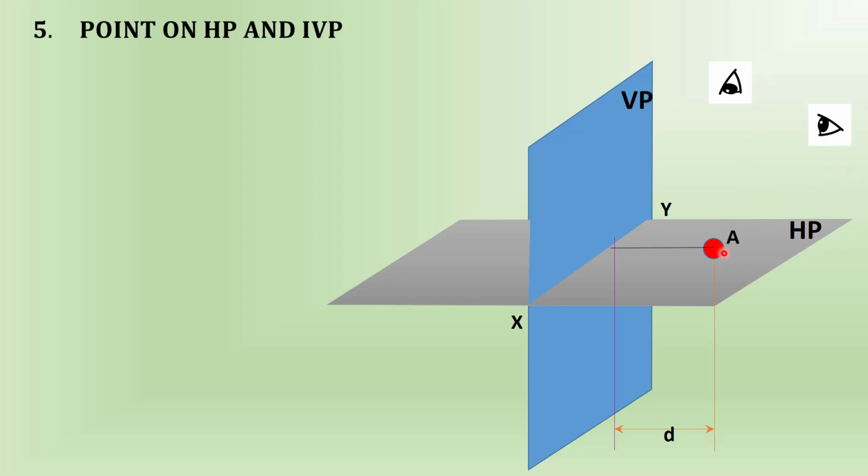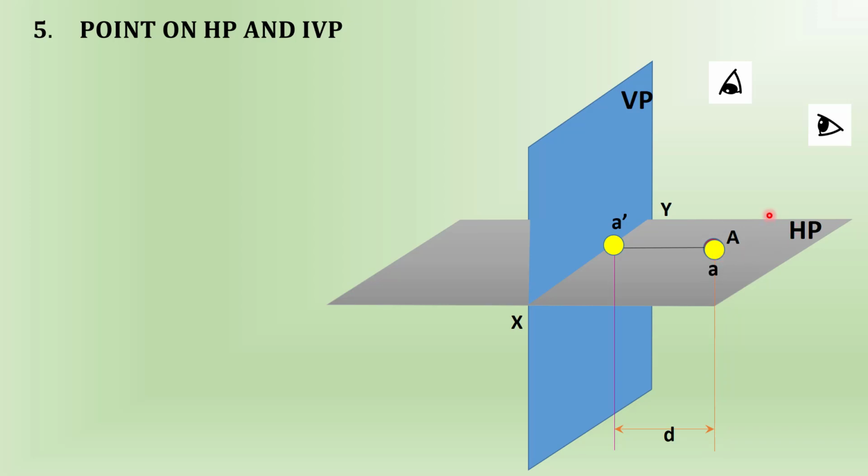So when you look from the front, the image of this point appears to lie on the XY line, which is known as the elevation. So A dash will be obtained on the XY line, and when you look from the top, since the point lies on the horizontal plane, the image of that point also will be lying on the horizontal plane. So the plan will be obtained on the horizontal plane itself.